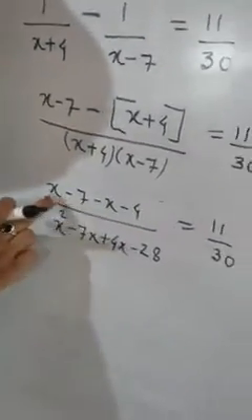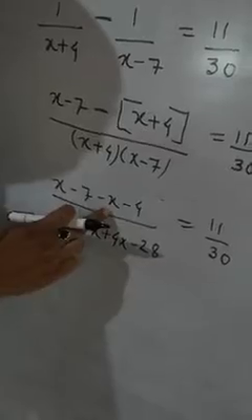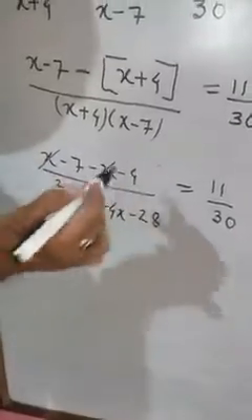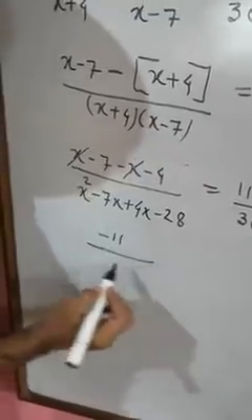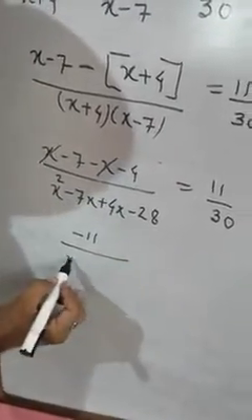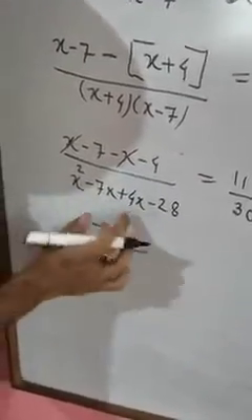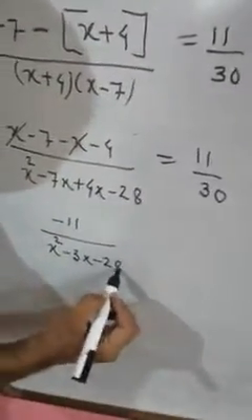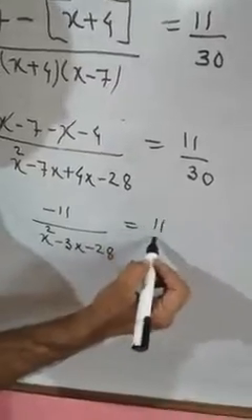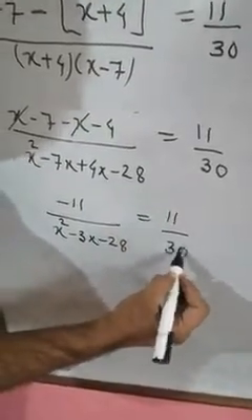Now you can see this x is positive and this one is negative, so we can cancel x and x. Now 4 minus 7 will be minus 3. Now x square, minus 7x plus 4x, minus 3x minus 28, equal to 11 upon 30.